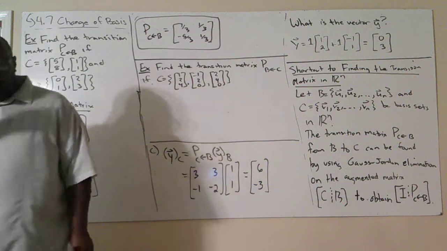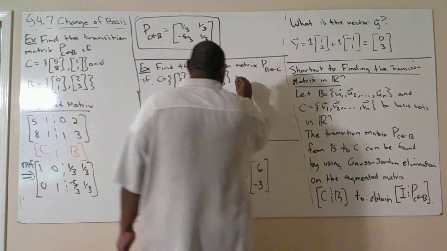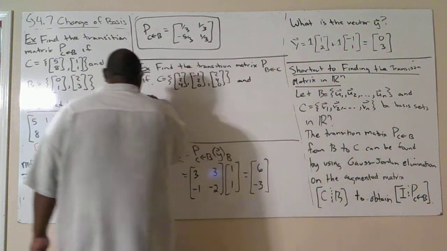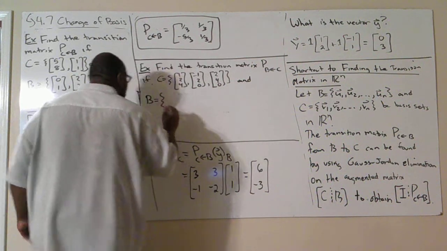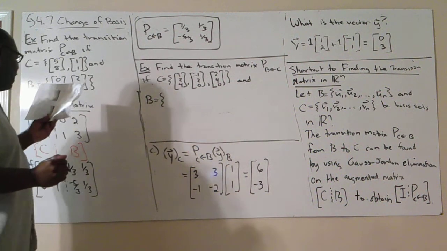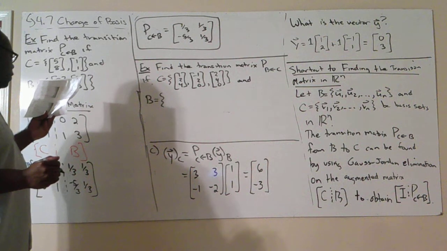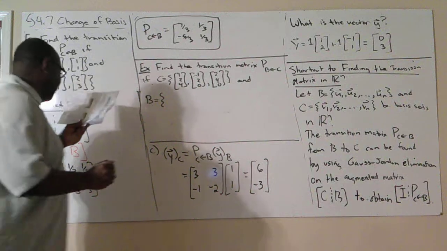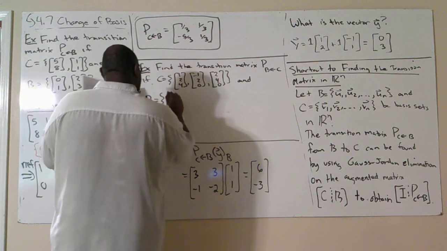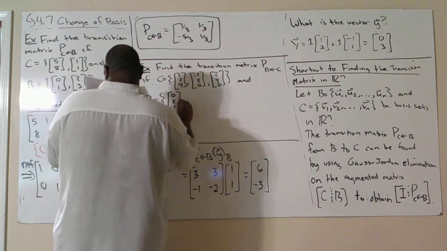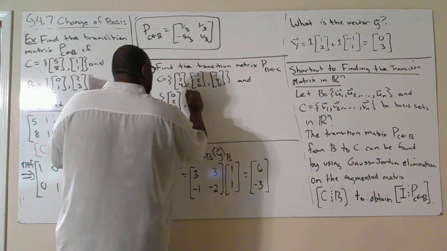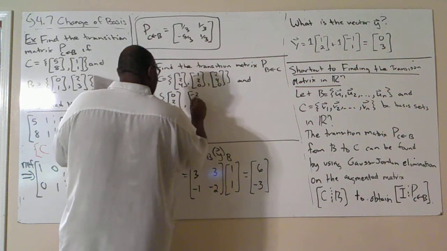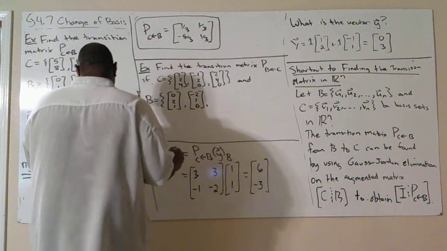And B is equal to 0, 2, 1, -2, 1, 0, and then I have 1, 1, 1.